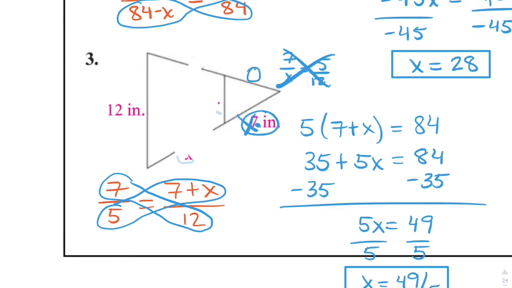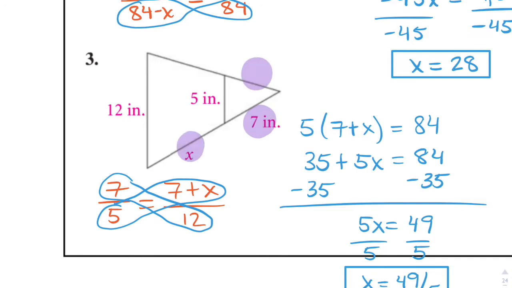So be careful, we're talking about the sides here. So this one is to this one as this one is to this one. Or 7 is to x as that side is to that side, knowing that the bases are parallel.